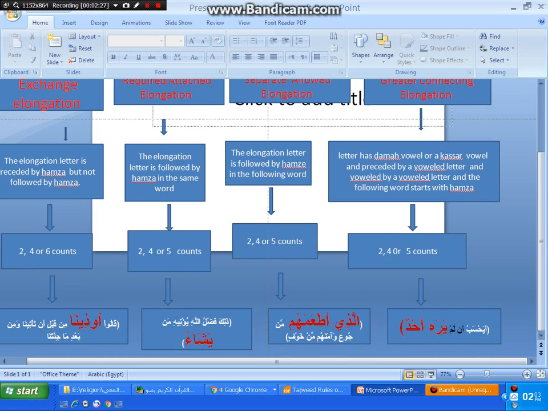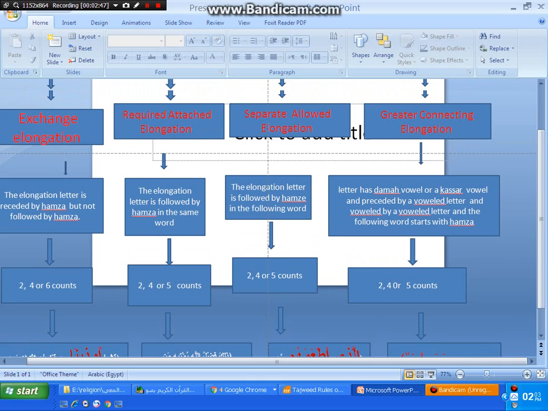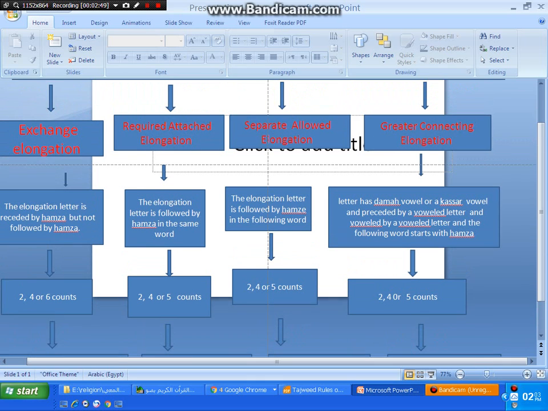For example, أعوذ بالله من الشيطان الرجيم ذلك فضل الله يؤتيه من يشاء. If you look at the word يشاء, you will find alif, which is an elongation letter, followed by Hamzah. So here it is called required attached elongation.